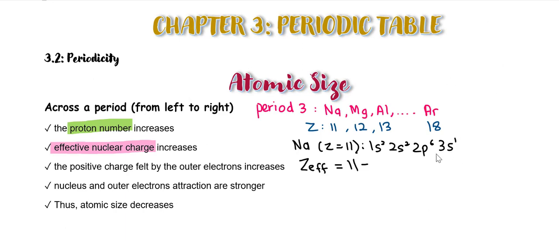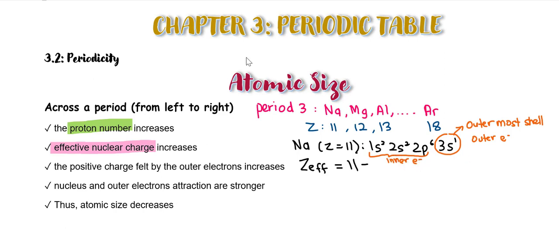The 3s1 here, we call it the outermost shell. So the electron in this 3s orbital of sodium is the outer electron, and all the electrons in the 1s2, 2s2 and 2p6 orbitals we call inner electrons.